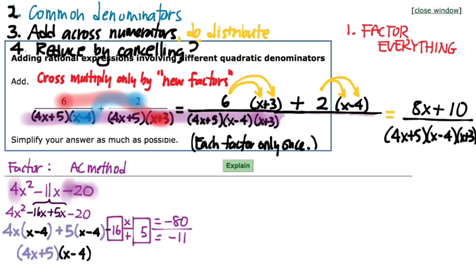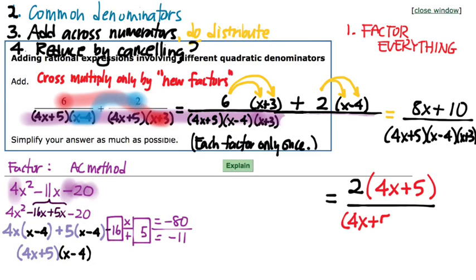And so we look in that numerator and say, how do I factor 8x plus 10? What do those two terms have in common? Close. They have a 2 in common. And so when I factor a 2 out of them, I get what's left, 4x plus 5. And sure enough, this problem was really set up in a nifty way, that even at the end of all of this work, we end up with a factor we can still cancel from the numerator and denominator because it's in common.